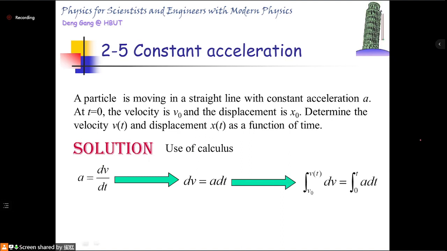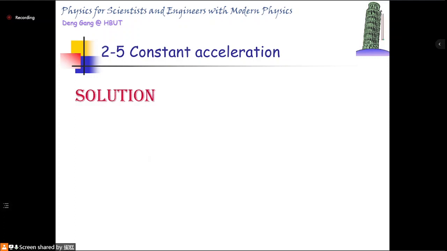Remember that this one and this one should be the quantity at the same time, so time 0 corresponds to v0. Then you calculate the integration, so v minus v0 is equal to at, and that's why we can find out v.